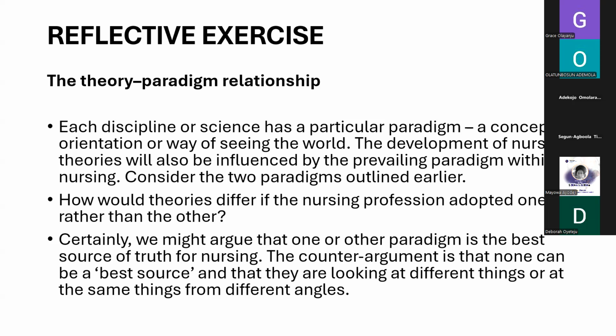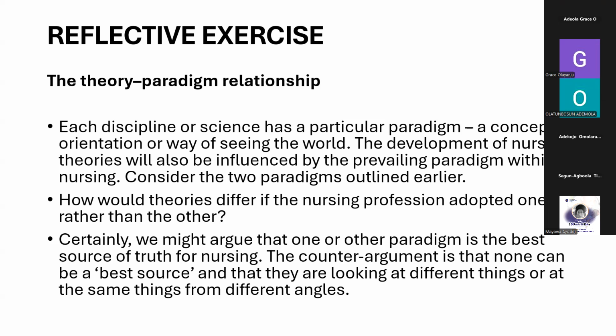Because the person has the right to his or her own body. That is one of the assumptions of Roy's adaptation model: the person has a right to knowledge about him or herself. So how you view reality, how your worldview and paradigm look, also determines how you practice nursing.